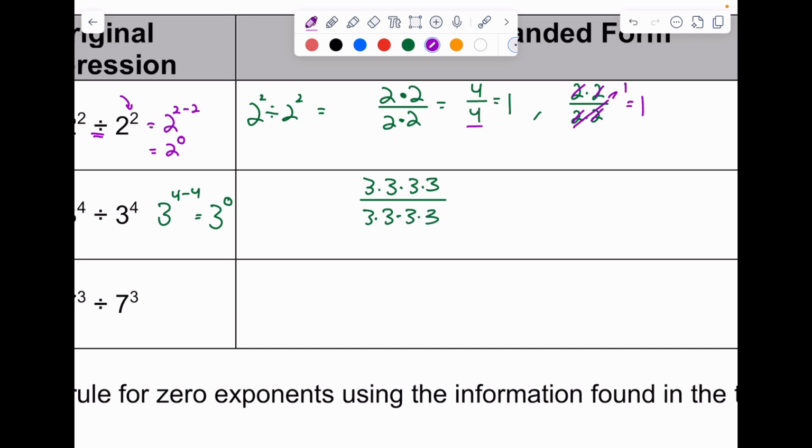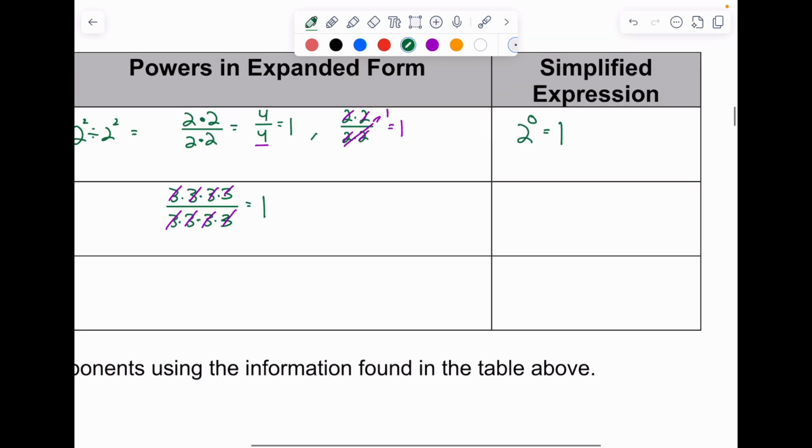So you're canceling off. It's like this one divided by this one, this one divided by this one, this one divided by this one, this one divided by this one. Doing the same thing top and bottom, you get a value of 1. So 3 to the 0 also gives you 1.